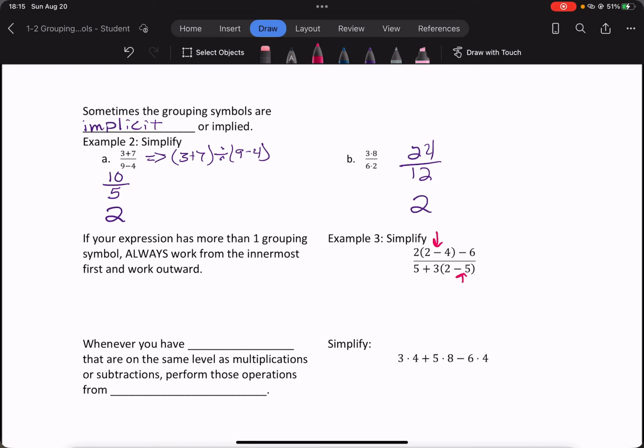I start to rewrite as much as I can. I've got 2 minus 4, which is negative 2, and then I keep the minus 6, divided by 5 plus 3 times 2 minus 5, which is negative 3.